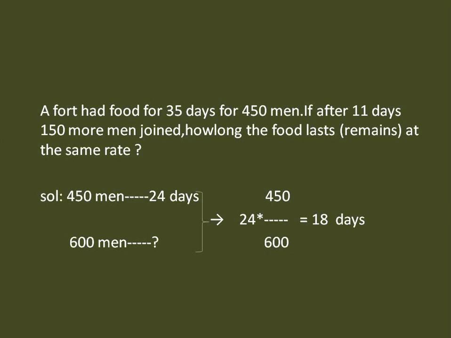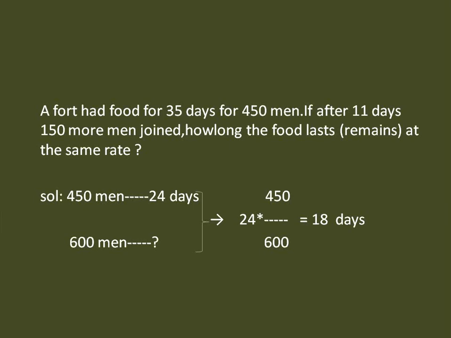There is food in a fort for 35 days for 450 men. After 11 days, 150 more men joined in that fort. Before solving the problem, let us assume that after 11 days, no man has joined.